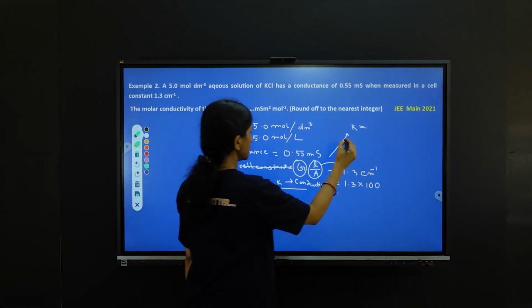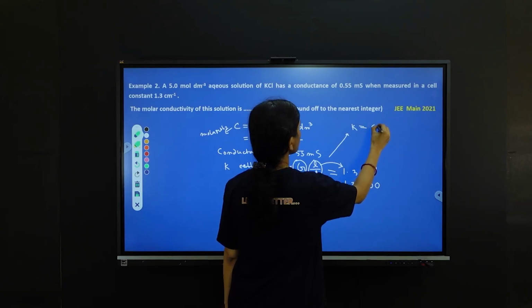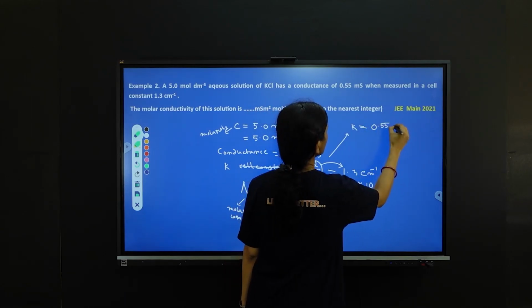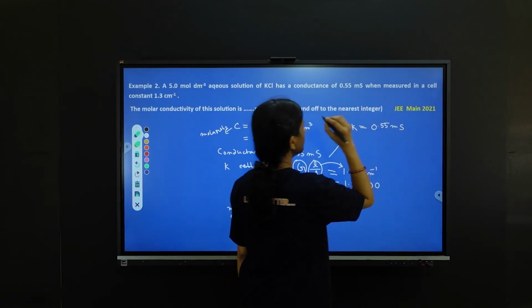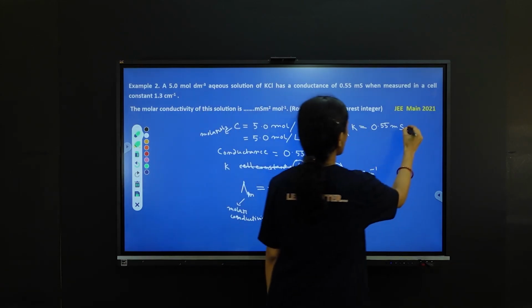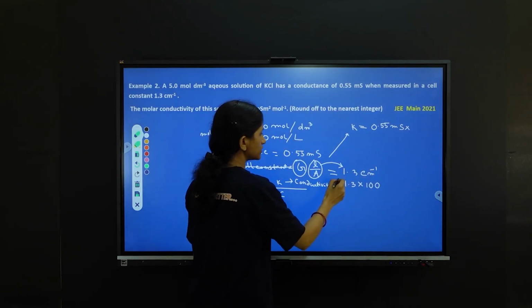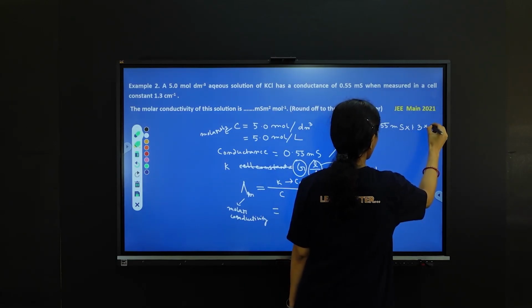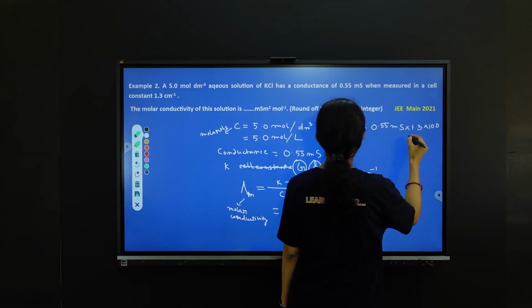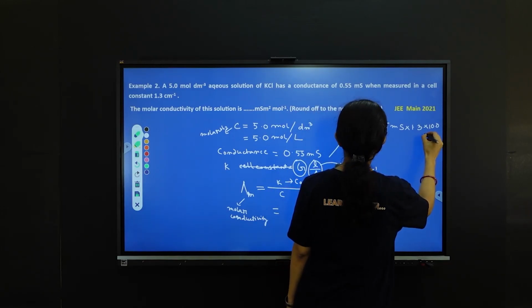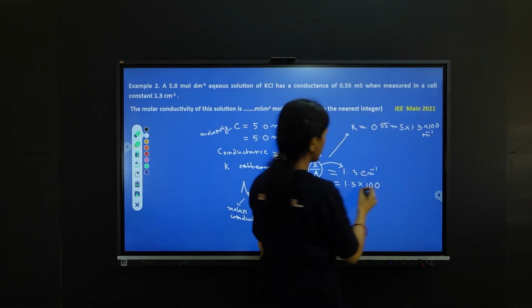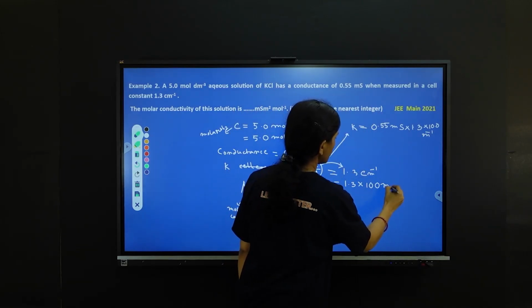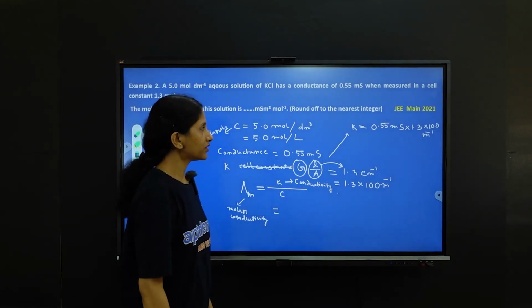Your conductance has been given as 0.55 millisiemens, right, times your cell constant, that is 1.3 times 100 meter inverse, because we have already converted from centimeter inverse into meter inverse.